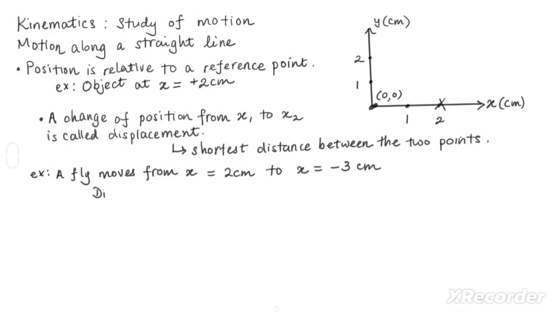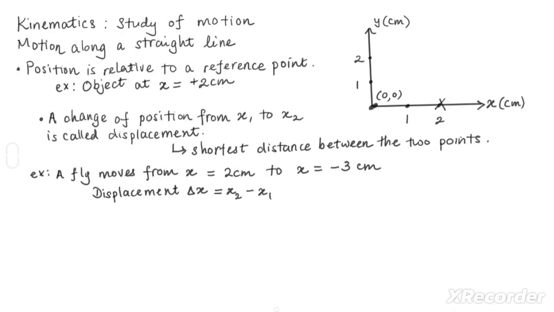So if we were to find the displacement, we are going to write it as delta x, or the change in x, and this is going to be final position minus the initial position. So that would be x2 minus x1.